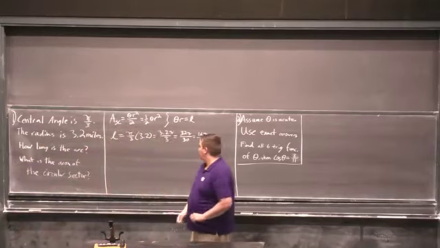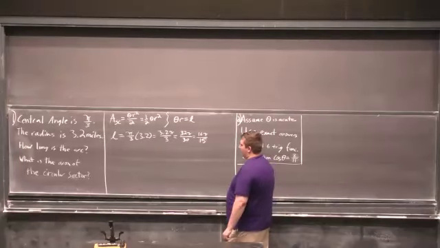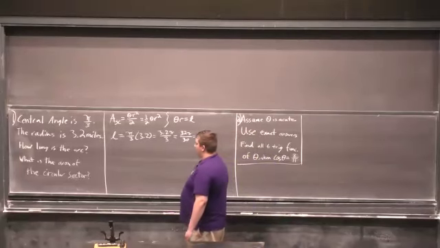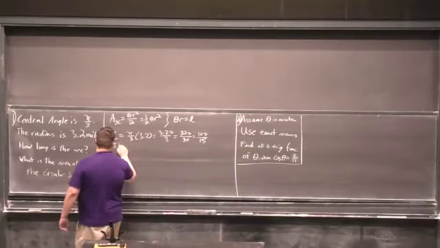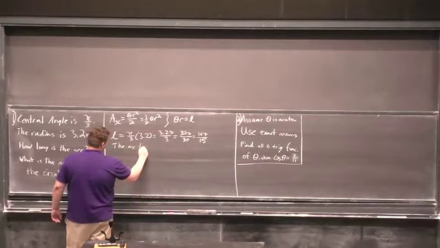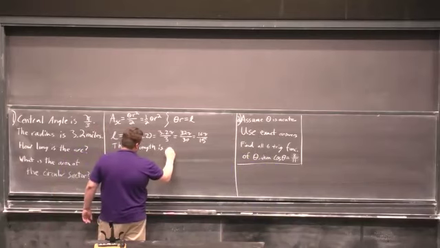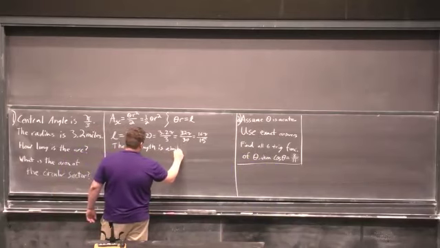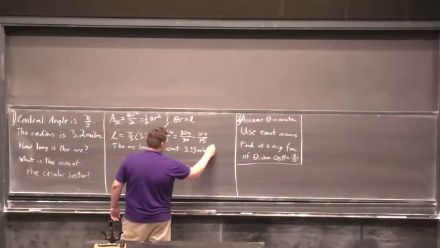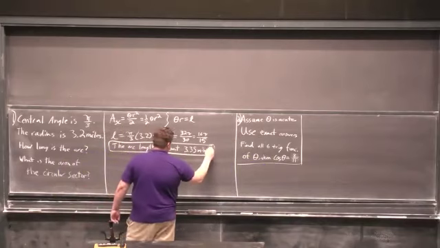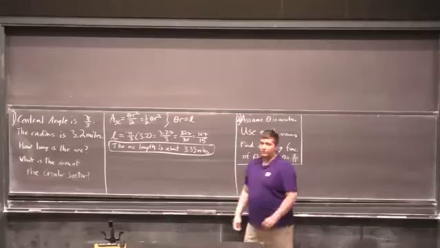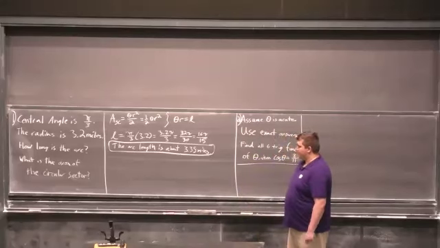So instead of just ending your calculations here, I would write that the arc length is about 3.35 miles. And that would be my answer to the first part.